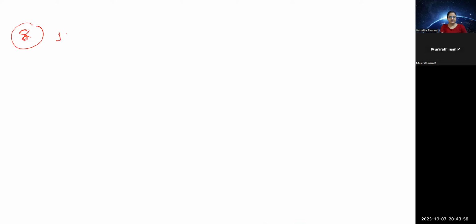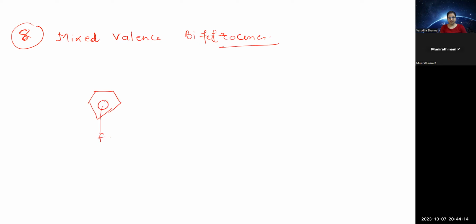So we have mixed valence biferrocenes. What it really means is that if we have a system like this, where it is bound with iron, and this is also bound with iron here, which is in +3.